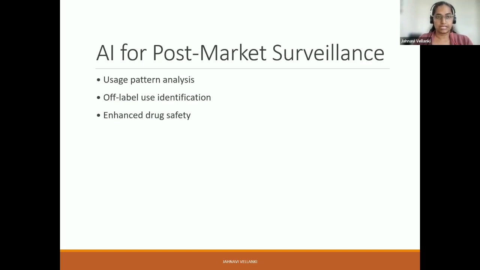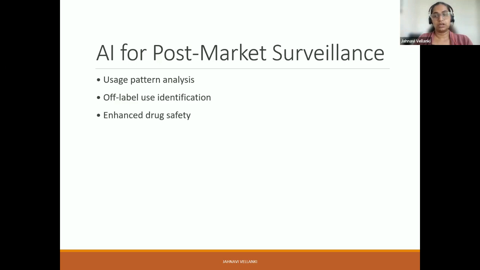Sophisticated algorithms use patterns for analysis of large data sets efficiently, identifying potential adverse reactions more effectively than the conventional procedures where one has to call in and record it, and that needs to be logged somewhere. So these models inspect drug usage patterns and trends, and they also offer insights into prescribing and abusive patterns of using these drugs.